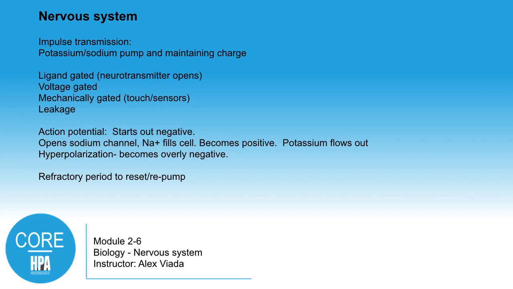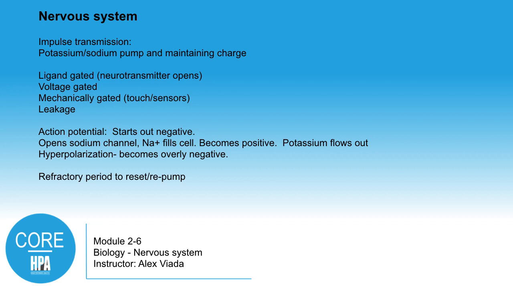All the sodium flows in, the inside of the cell becomes positive, all that potassium starts flowing out at the same time that sodium starts getting pumped and starts flowing back out. So it goes from negative to suddenly it hits this huge positive charge, and then it quickly resets, but then becomes hyperpolarized where it's actually overly negative for a second before all those gates slam shut again and the pump starts reestablishing the gradient. So we'll see this in just a second.